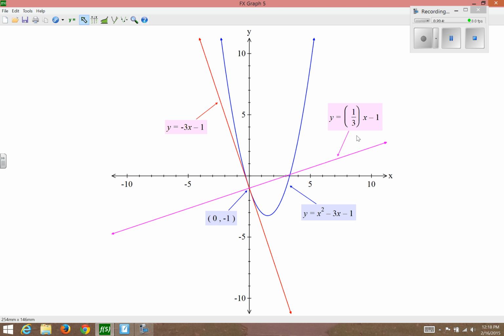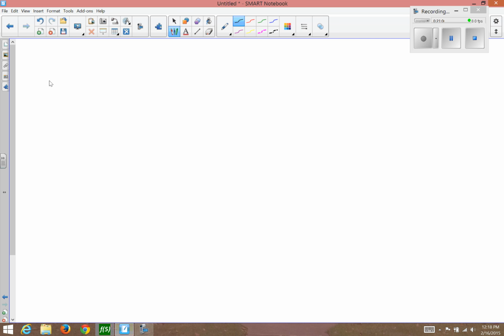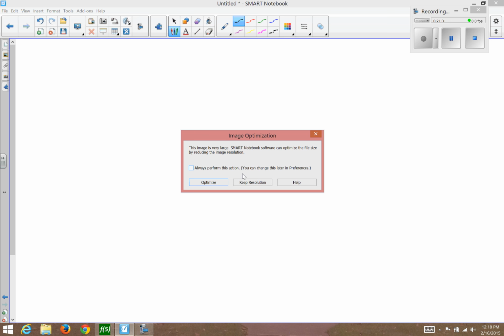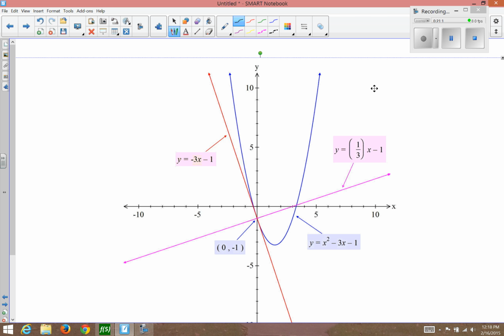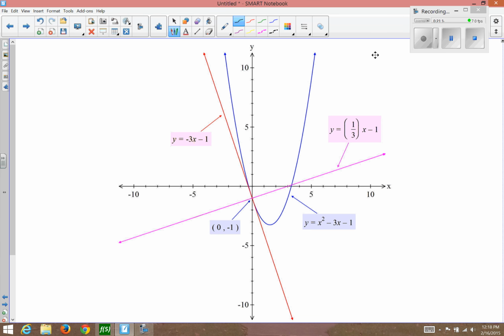It's the normal line because it's perpendicular to the tangent. So this would be the answer to part D. So draw the graph of the curve, that's blue, the tangent line, that's red, and the normal line, that's magenta.